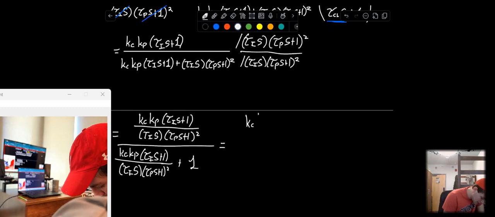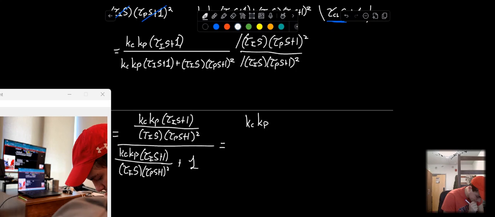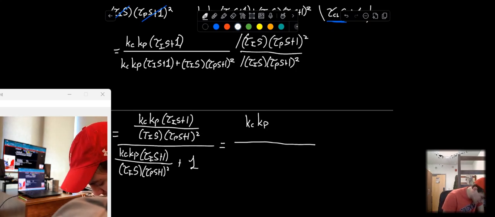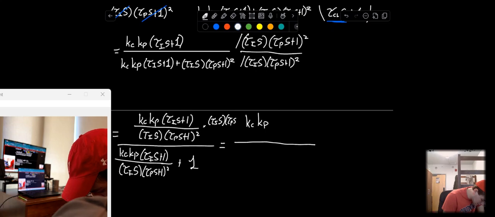Kc Kp divided by, basically I'm going to multiply the top and the bottom by tau_I s (tau_p s plus 1) squared over tau_I s plus 1.